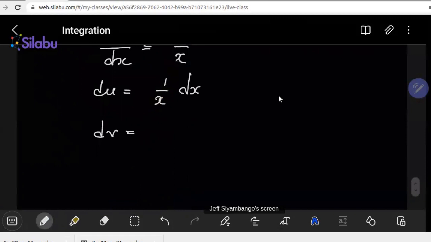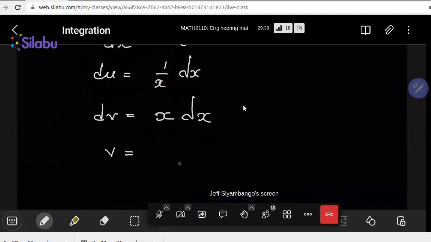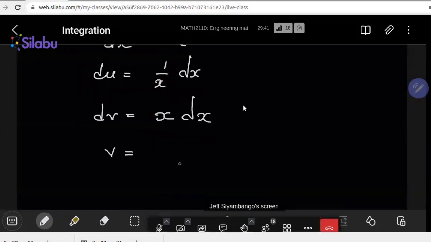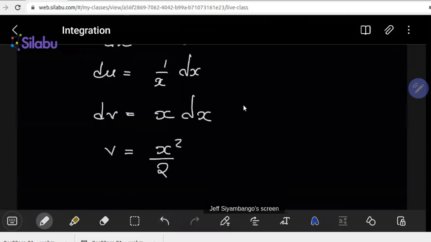So when we perform the integral here, our v will be equal to the integral of x dx. It will be x squared over 2. So we have everything that we need: v, u, dv, and du.